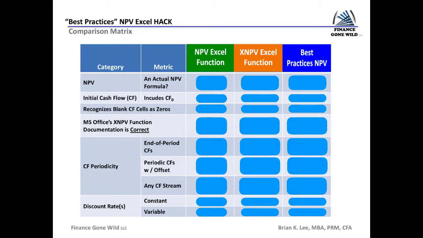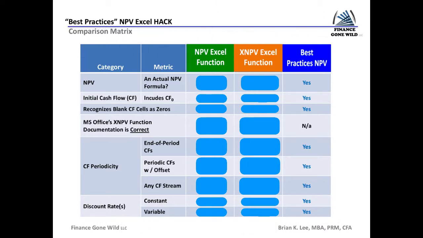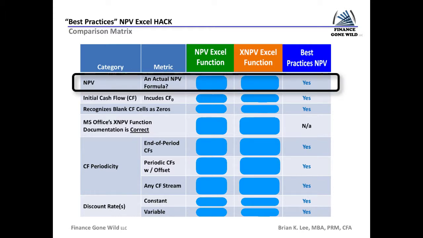So as a teaser, I'm just going to go ahead and reveal all of the answers for the best practices NPV column, the last column. And you'll see that it basically nails everything that's presented on the left-hand side in the categories as well as the individual metrics. As an example, the very first category, NPV, the metric, is this best practices NPV formula an actual NPV formula?